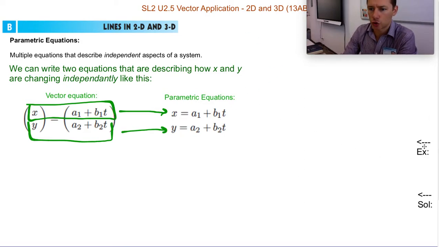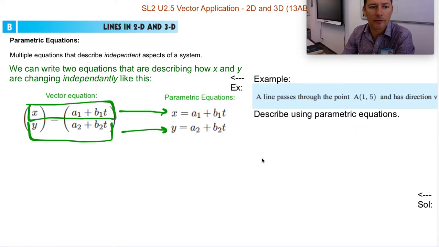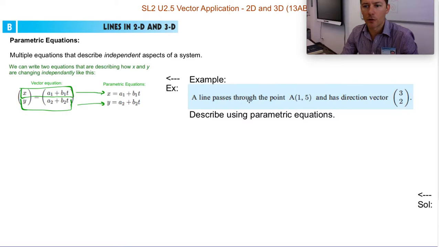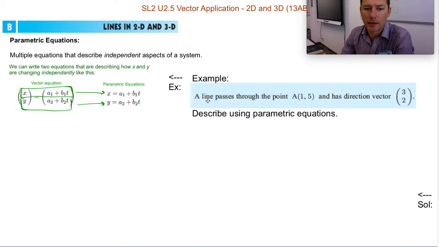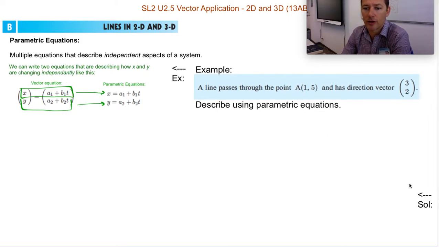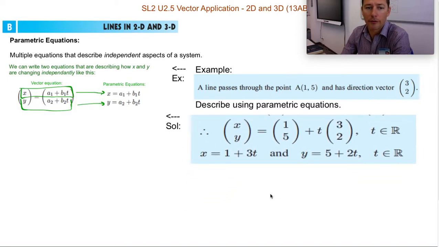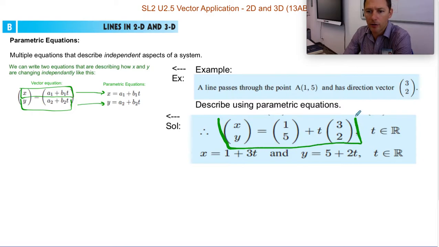So let's run through an example of two things working independently. We want to find a line that passes through this point with this vector and describe it using parametric equations. We already found the vector equation, which looked like this, in our last example.